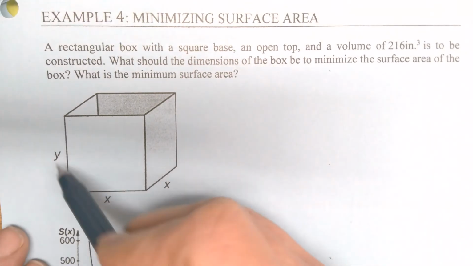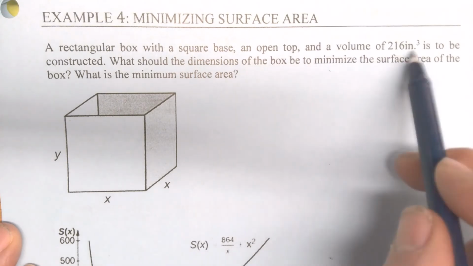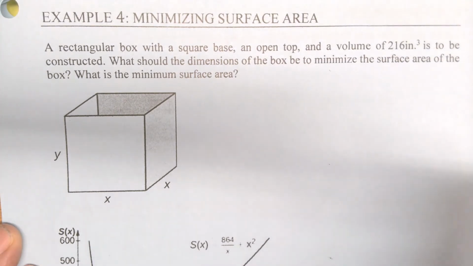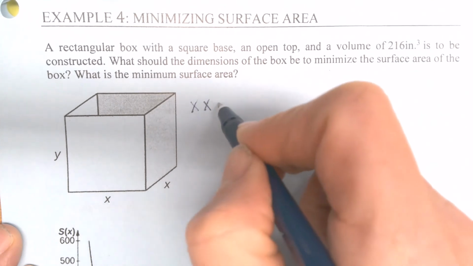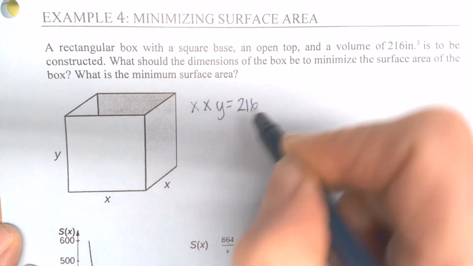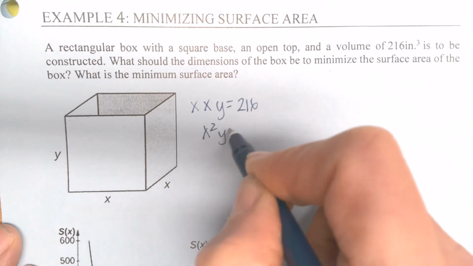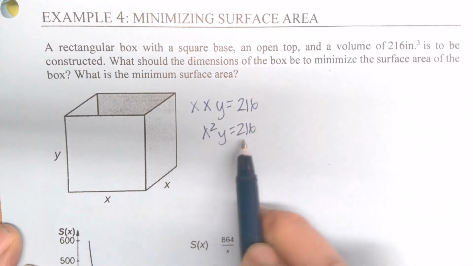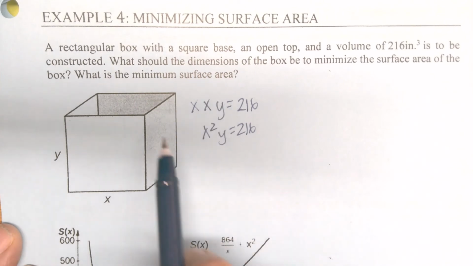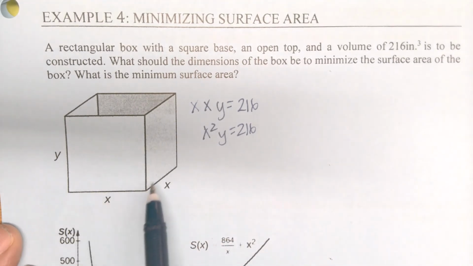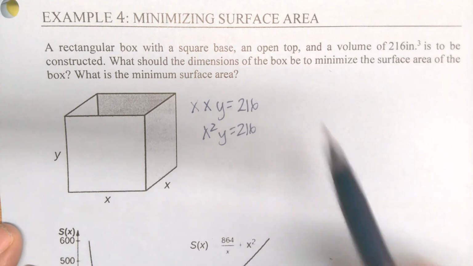So the first thing that I'm going to talk about is the fact that the volume is 216 cubic inches. That means that x times x times y is 216, or I could write that as x squared y. But that isn't the function that I'm trying to minimize or maximize. I'm trying to minimize the surface area. And remember, the surface area is just all the little areas added together.